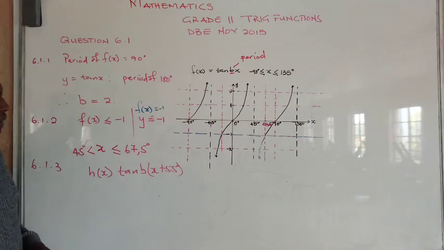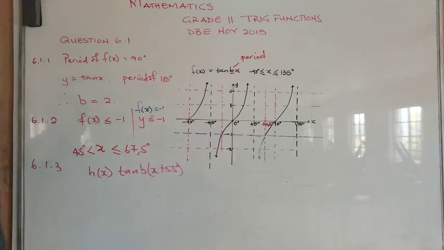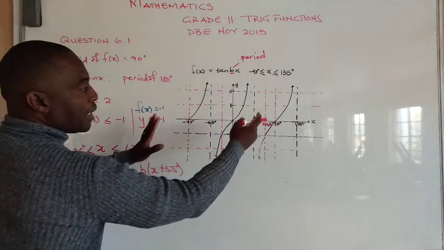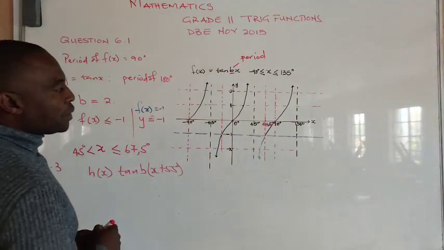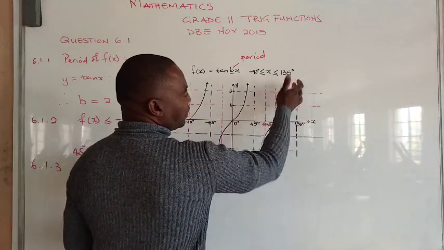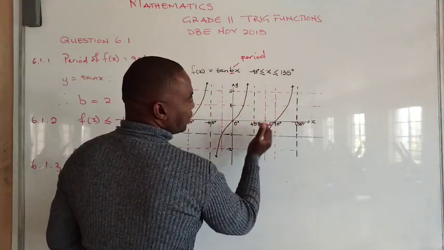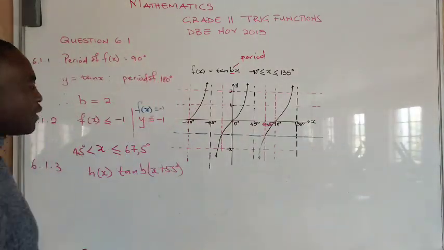what has been done to f of x is to shift the graph 55 degrees to the left. So it means as we shift the graph to the left, even the asymptotes are also shifted to the left. So it means this asymptote, which is at 135 degrees, will be shifted 55 degrees. So we are simply subtracting 55 degrees from 135.